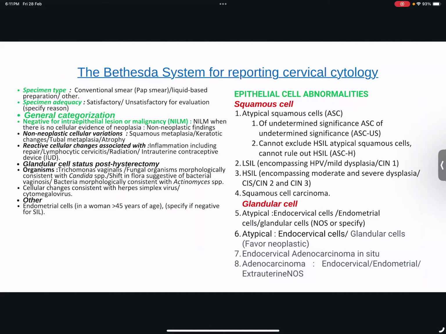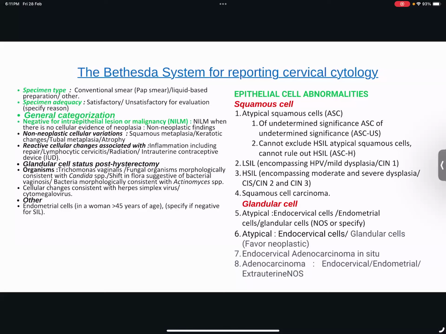And what is the Bethesda system? What is the need of Bethesda system? This is for the clinical or diagnostic surgical management of the patient. And Bethesda system includes the specimen types, whether this is the conventional smear or liquid-based cytology smear, specimen adequacy, the smear is satisfactory or unsatisfactory. If we write down unsatisfactory, then write a cause why this is unsatisfactory smear.